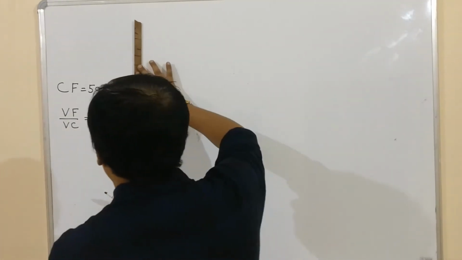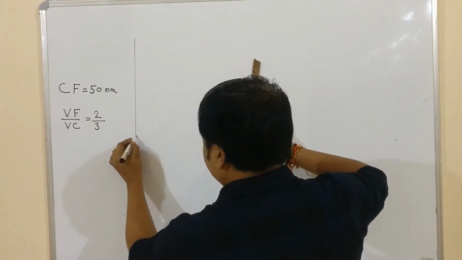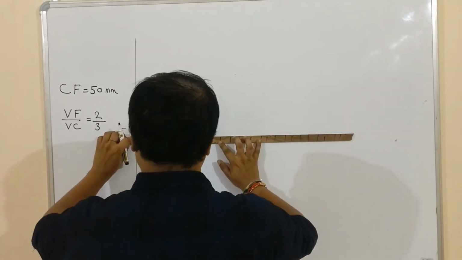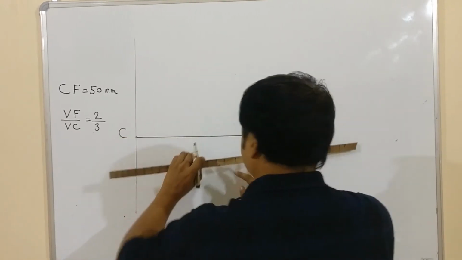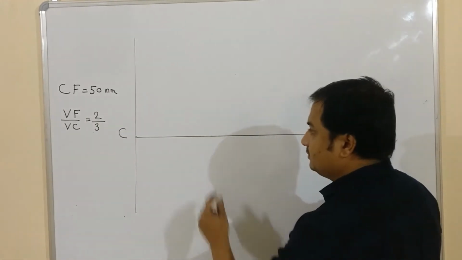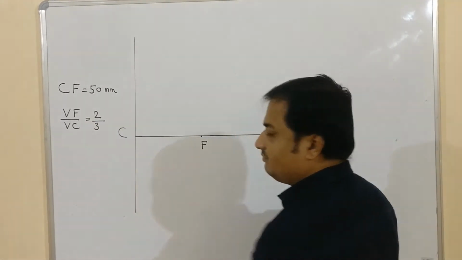Draw the directrix, which will be a fixed straight line. Take any point, name it capital C. Draw the axis which will be perpendicular to the directrix. Next, it has been given CF is equal to 50 mm, so plot the focus such that the length of CF is 50 mm.